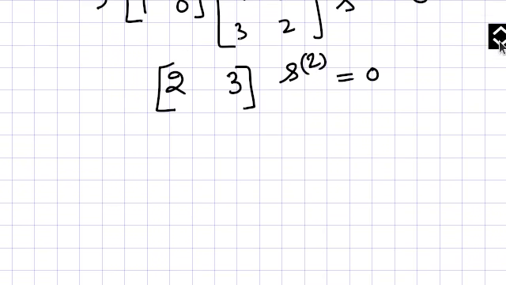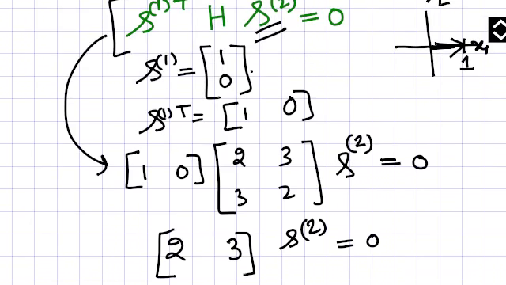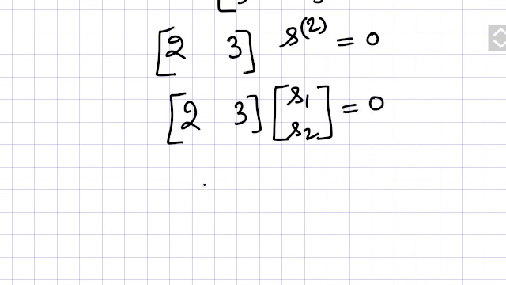The S2 direction is made of two components. Every direction has two components, a value in the x1 direction and a value in the x2 direction. So if you break it into two components, S1 and S2, you get 2S1 plus 3S2.